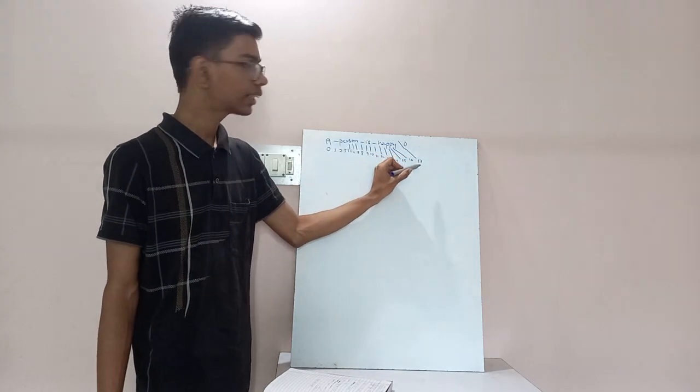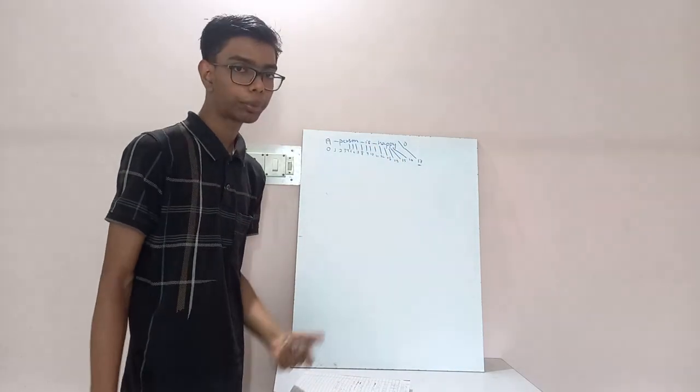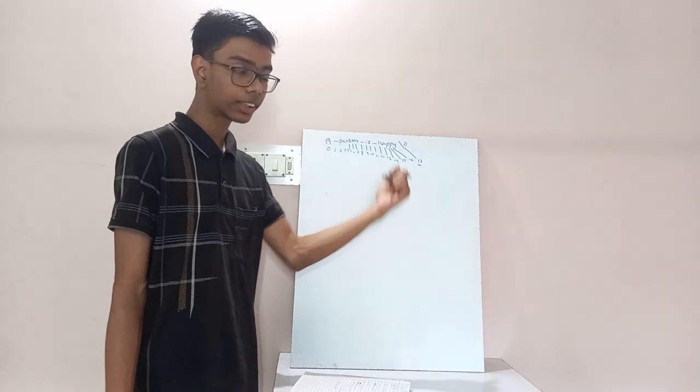At the 17th index I have the null element. Now what logic will I use to print the longest word of this sentence?